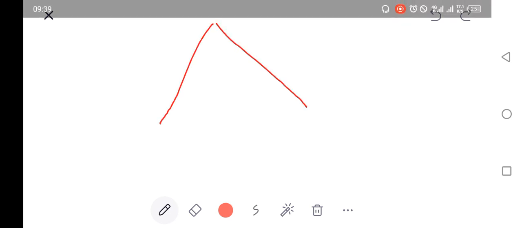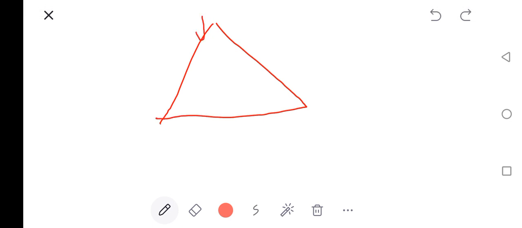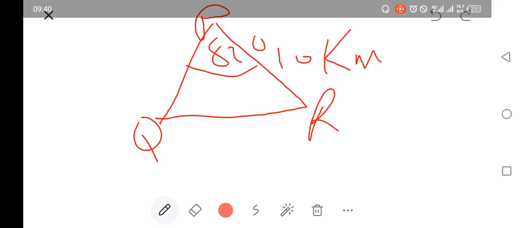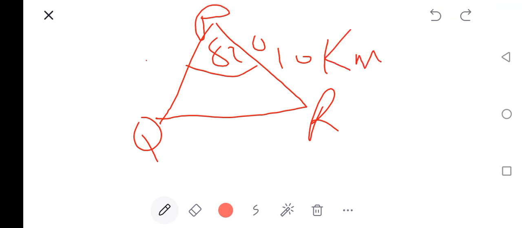So if I am given P, Q, R, I am given 82 degrees here, and I am given 10, let's say, kilometers. Maybe I am given 11 km, and I am asked to find.